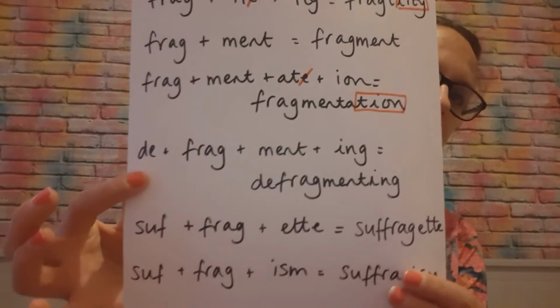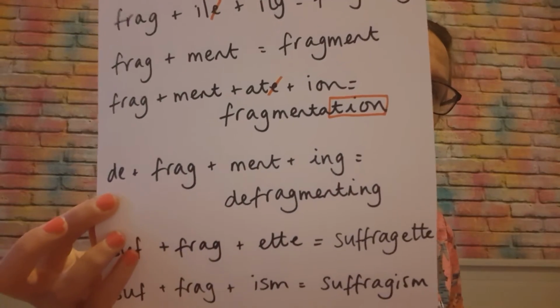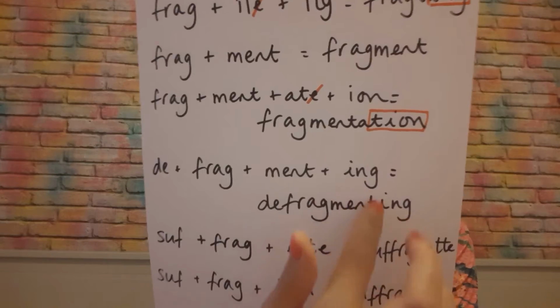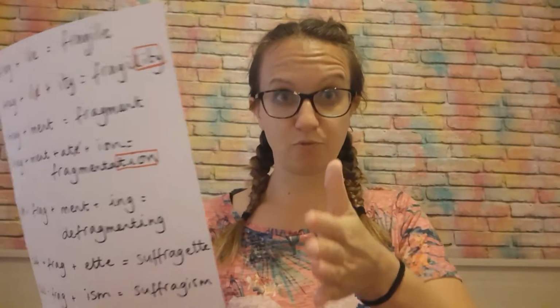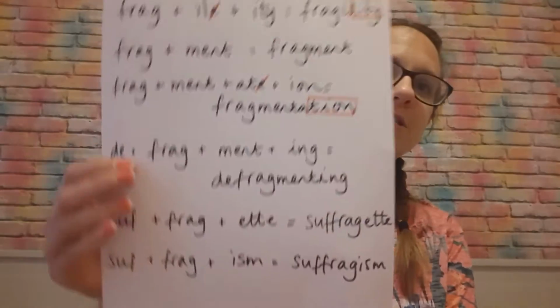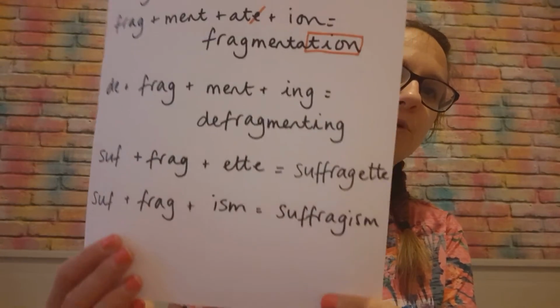We know that de means not, or the opposite of, or the undoing. Fragmenting means to break, so defragmenting means to unbreak. If you defrag a computer or a computer program, that's undoing all the glitches, undoing all the breaks in it.